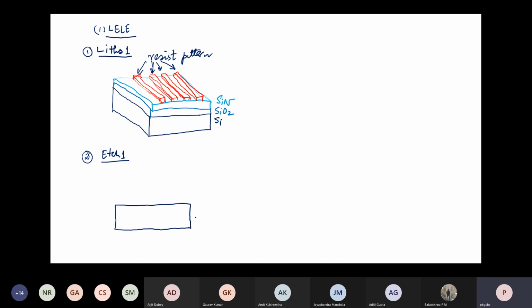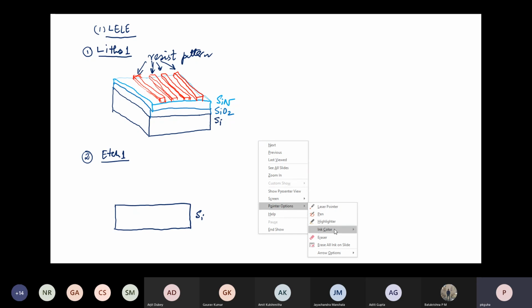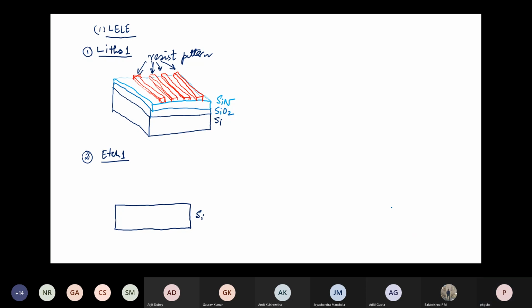So this is my silicon, and this is my silicon dioxide. Where is the cursor? Yeah, here it is. So this is my SiO2.